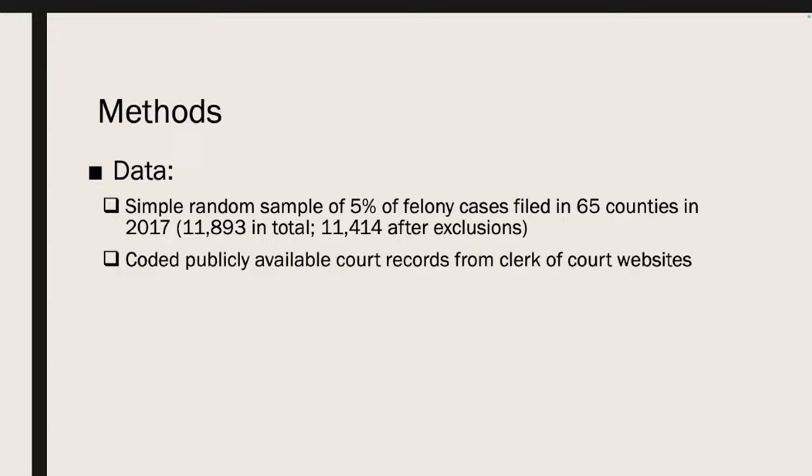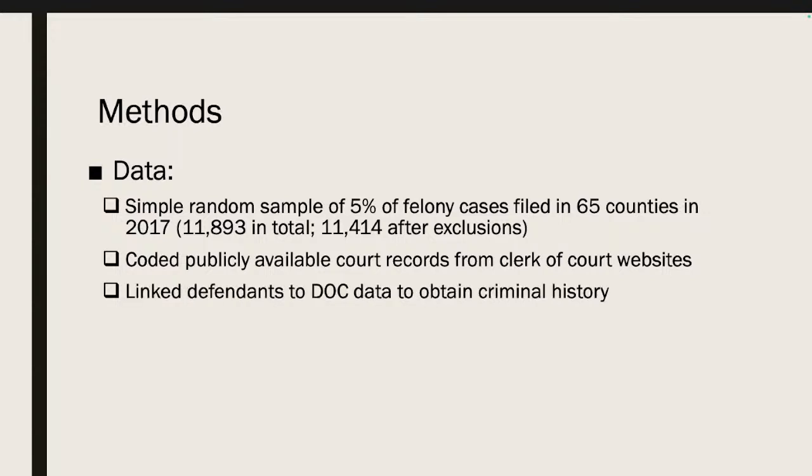We coded these and obtained the data through those publicly available websites that I talked about a second ago. Florida also makes public data on prior criminal history. We linked that criminal history to each case to figure out how much criminal history each defendant had.